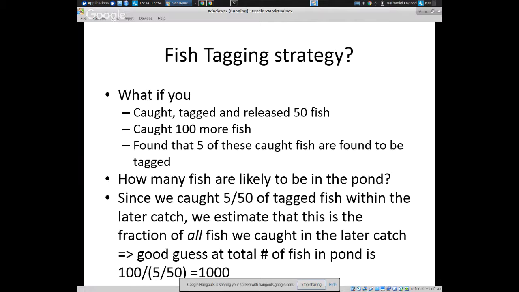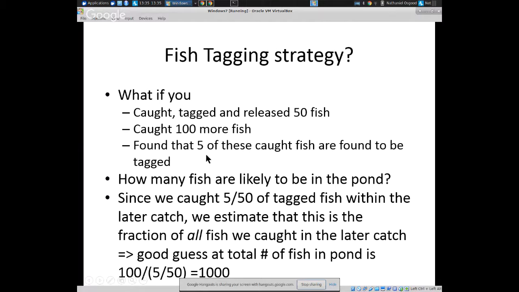Okay, so you could do something like catch, tag, and release 50 fish. Then you catch 100 more fish. And if you find that 5 of those caught fish, 5 out of the 100 caught the second round, are found to be tagged, then you figure, okay, this original catch of 50 fish was only 1/20th of the total. 1/20th, because 5 out of this 100, that's 1/20th of that, right?